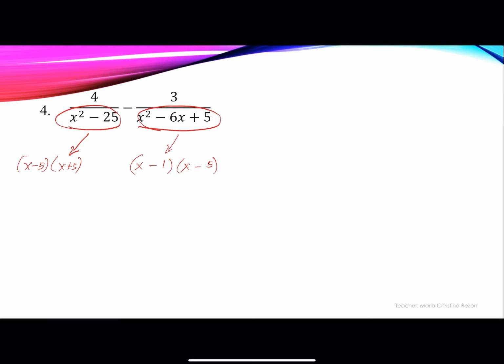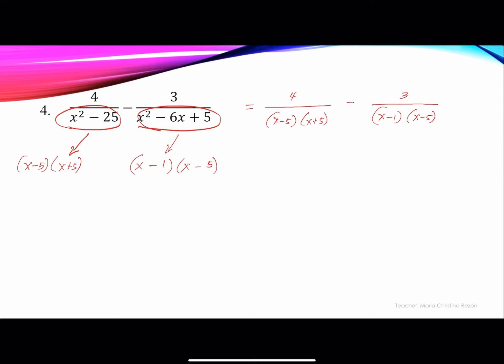So if you are going to rewrite the fractions, you will have 4 over x minus 5 times x plus 5, minus 3 over x minus 1 times x minus 5. Now, if you notice, there is a common factor in your denominator.